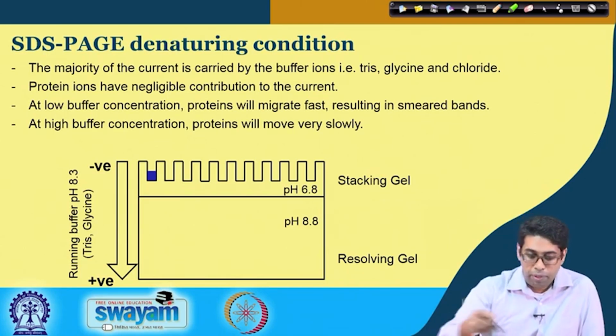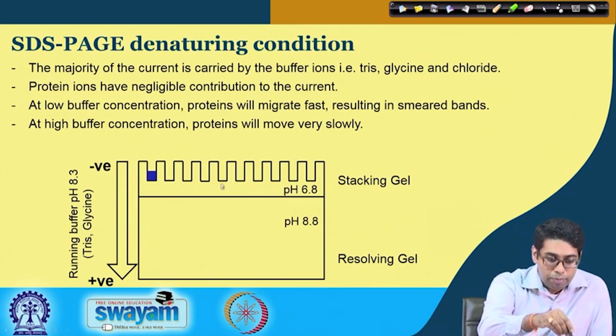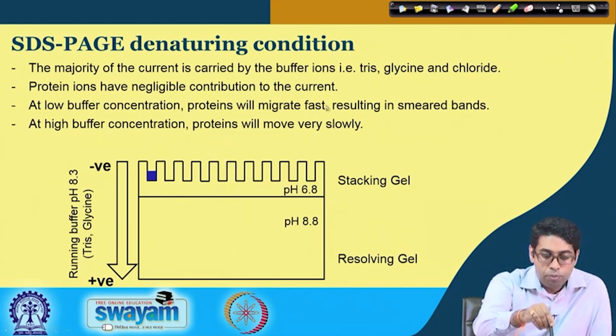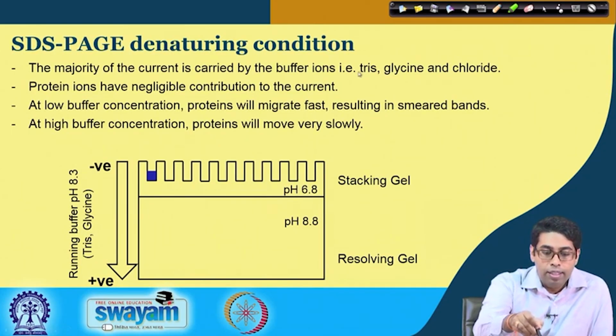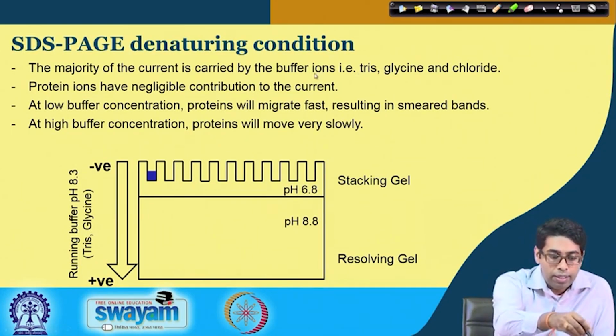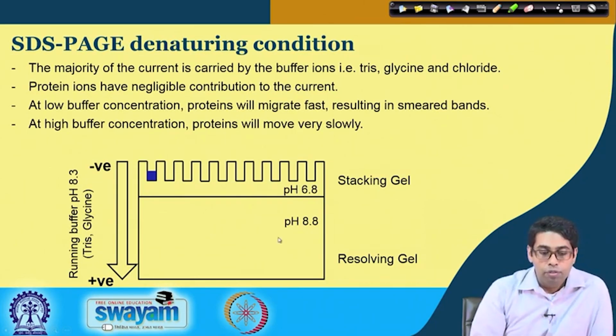Now, if the buffer concentration is too low, the current that passes through the gel also results in faster migration of the protein, because if there are not enough ions, then the protein ions also start contributing to the total current passing through the gel, which means that these proteins will migrate fast and it will result in smeared bands.